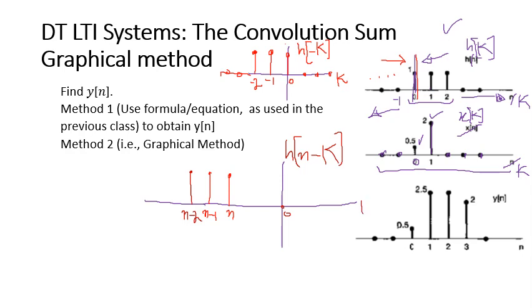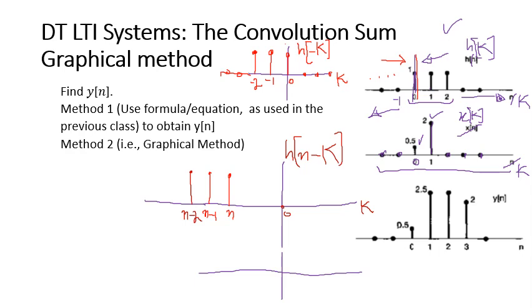So remember, we are using the steps that were mentioned in the previous slide. Now the next step is that you multiply the corresponding values of the signals. So if I plot the input signal again, let me plot it here so that it is easy for you to understand what is basically happening.